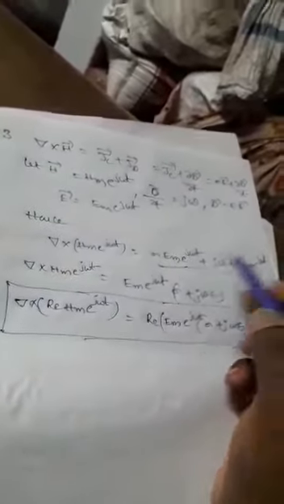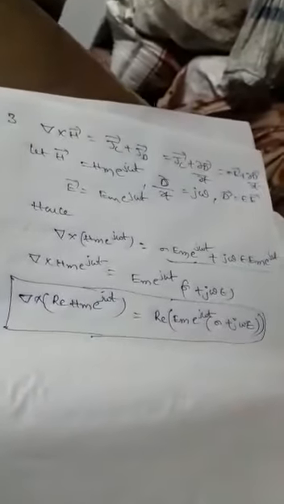Or otherwise, if this part is taken to the LHS, you can consider minus also, not at all a problem, and then you can take it common, no problem in that.